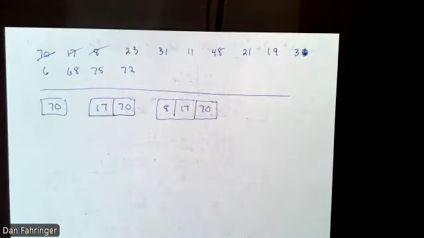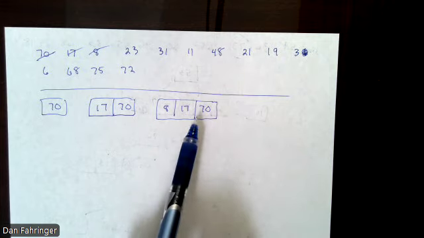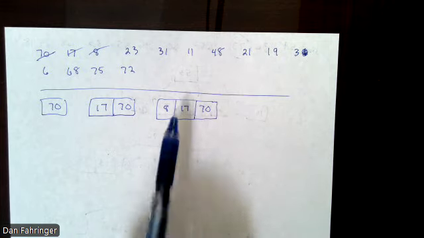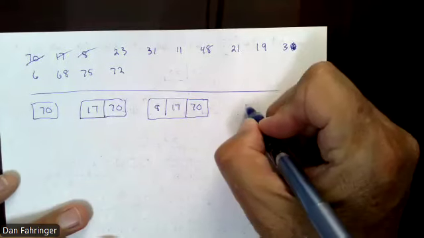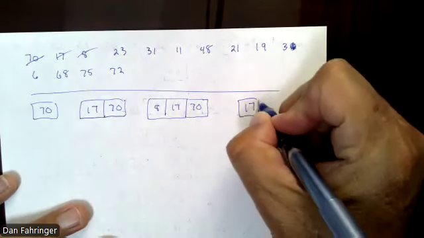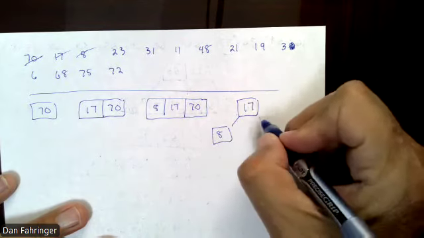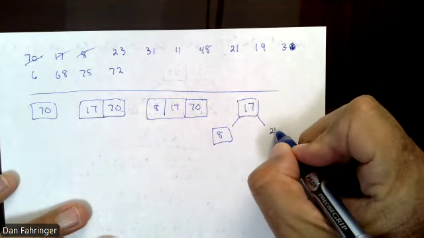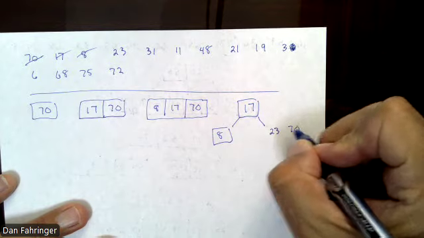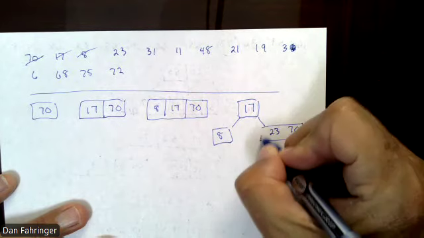First three are pretty easy. That 17 now seems to be some sort of pivot. So when I add 23, it's going to go on the right side. 17 is going to stay. 8, 23, 70.